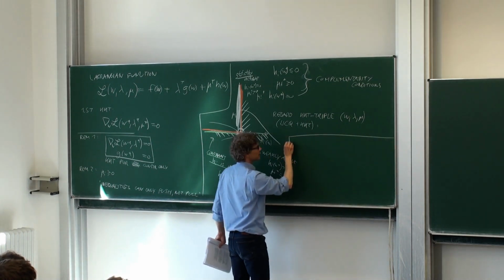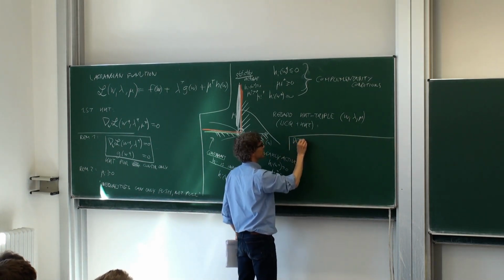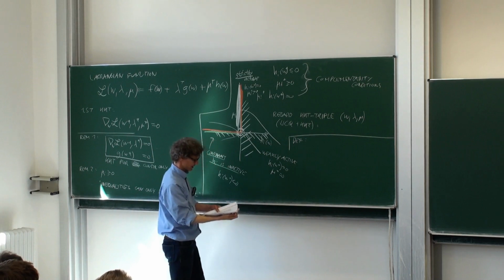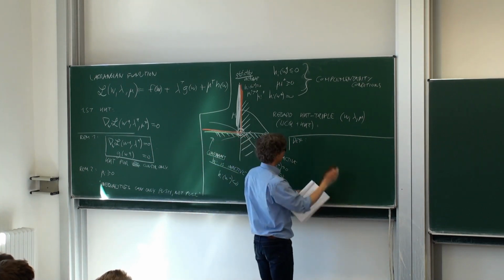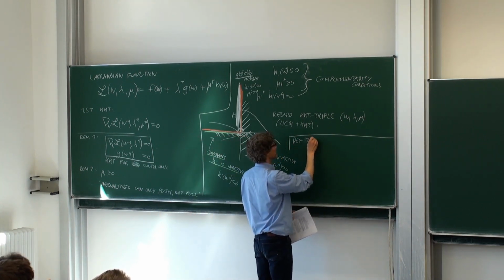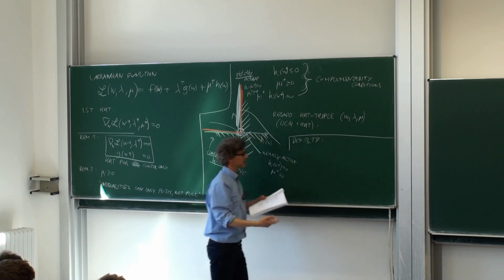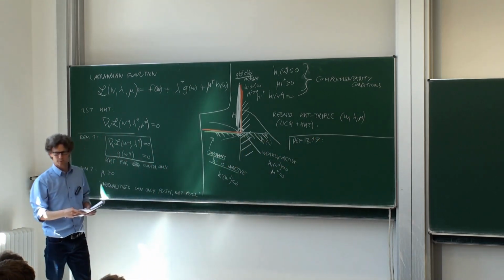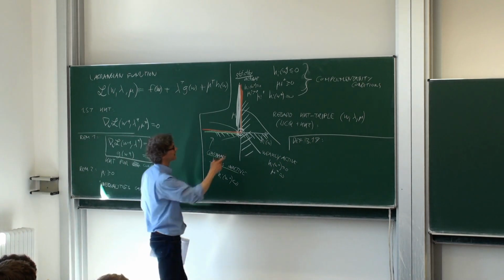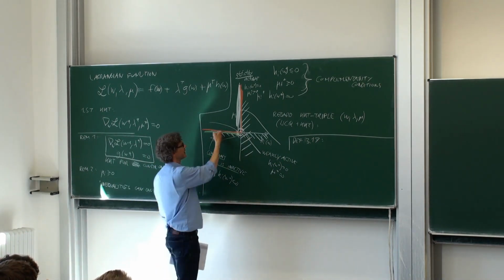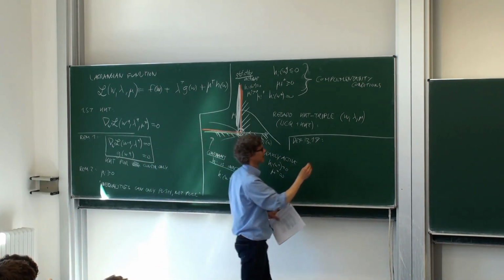And then there is some definition that sometimes is useful to make, and it's an assumption. Definition 3.17. At such a point we say that strict complementarity holds if there is nothing that's weakly active. So we are either here or there.